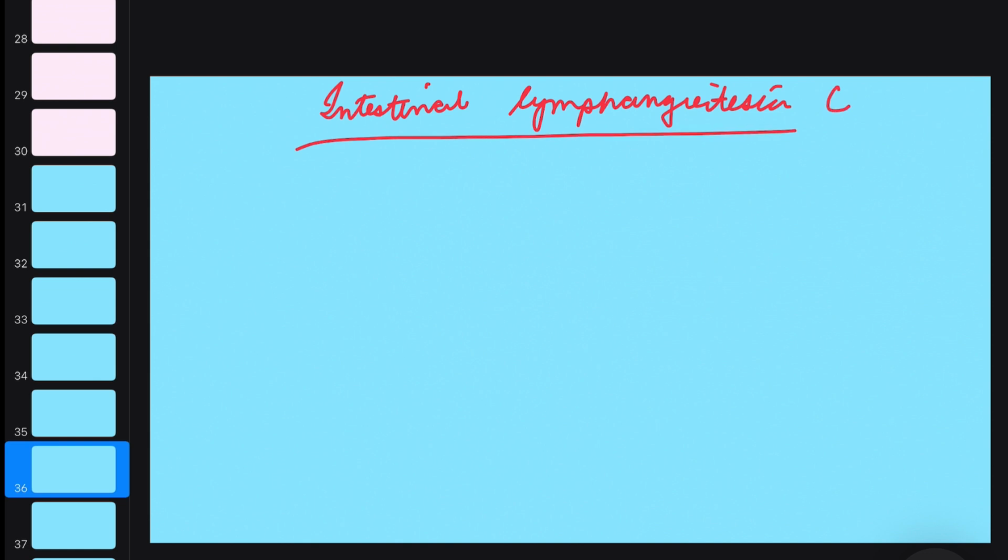Now let's move on to the next disease that we had, which was intestinal lymphangiectasia. I'll just write it like this. So what exactly is happening? Chylomicrons, we know this.